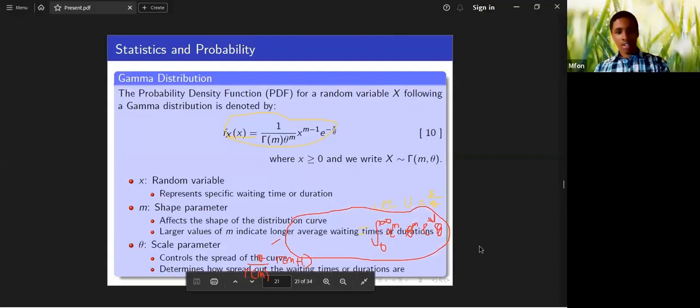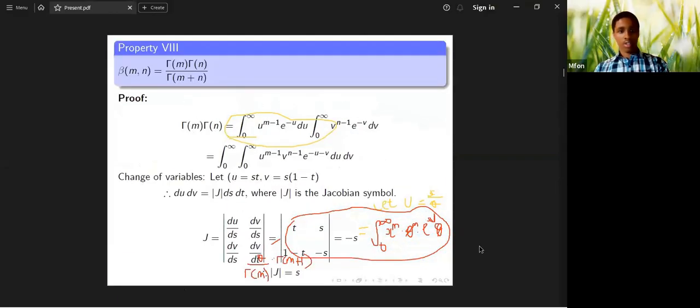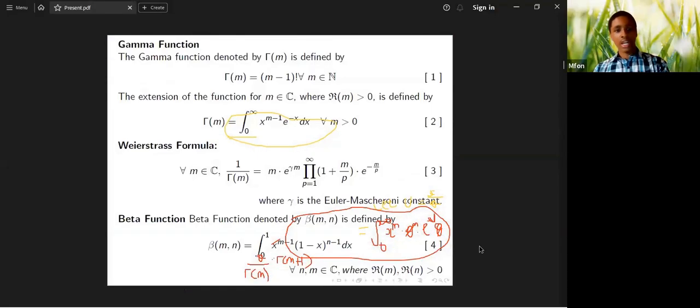From here, we know that the gamma function can be defined as follows.